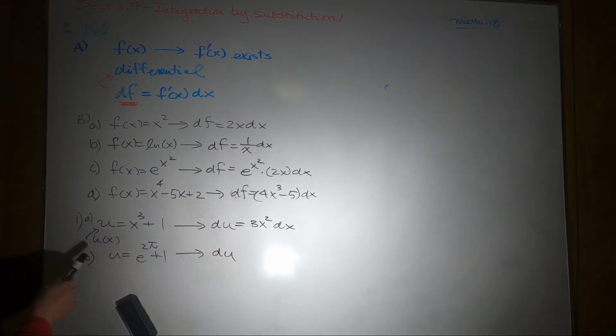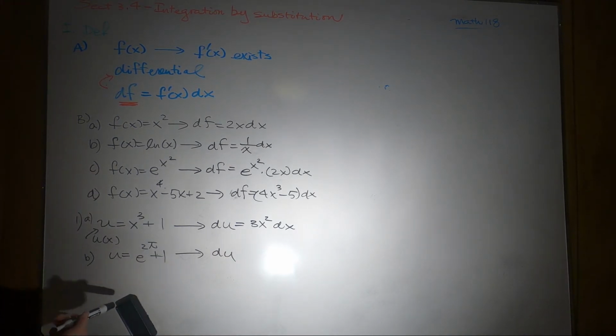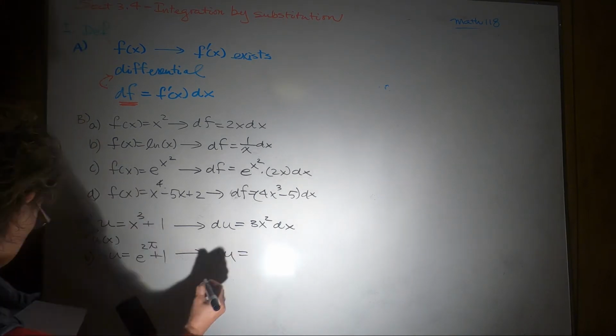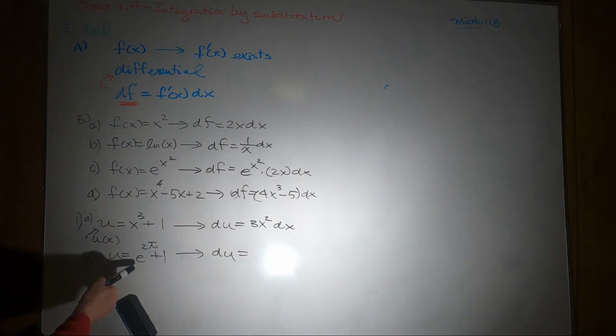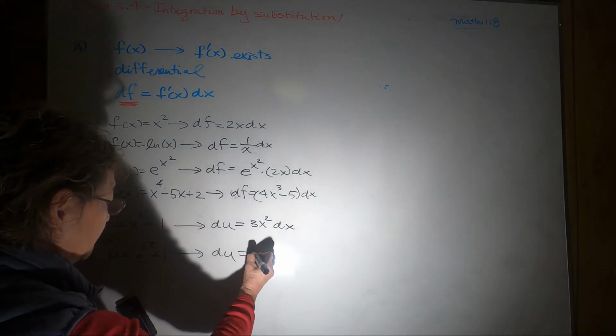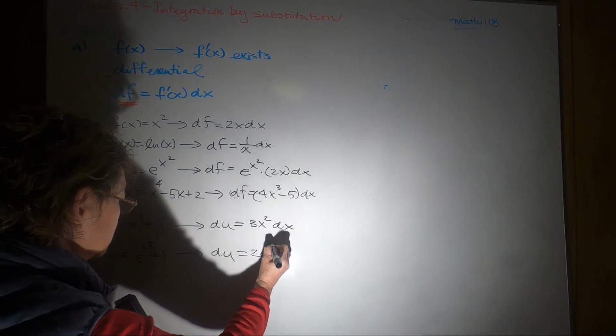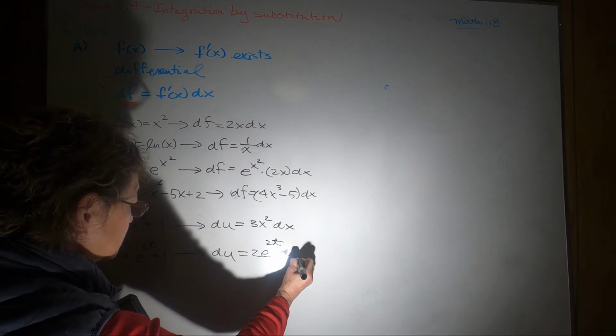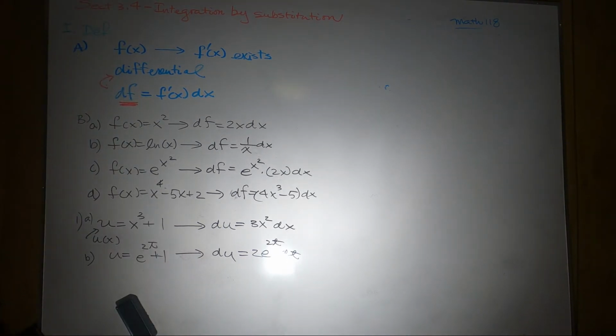This one is my u, I take it against u. This one I take against t with the chain rule, right? e to t, then the derivative of 2t will be 2. So 2 times 2t, then against dt. Okay, so those will be the symbols we are going to deal with.